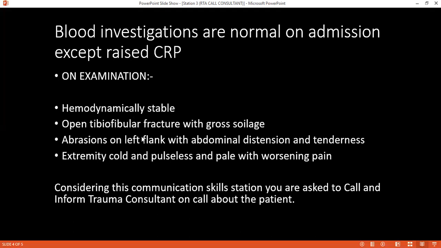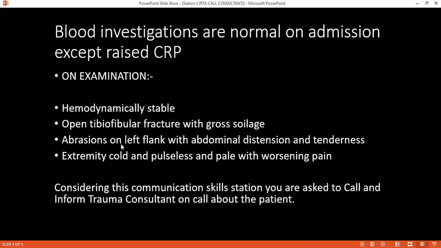But since the patient has an open fracture and that is grossly soiled, you have to take care of that. And you have to make sure the patient has had a tetanus injection or tetanus toxoid, or if not, then you will make sure that is arranged.